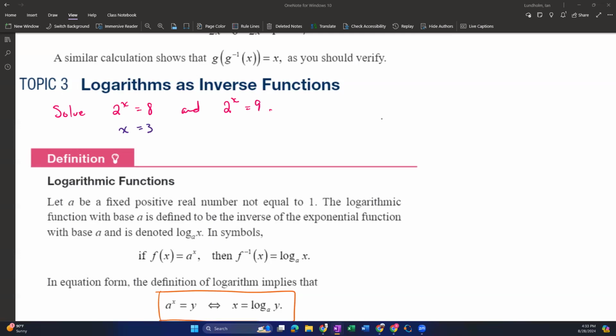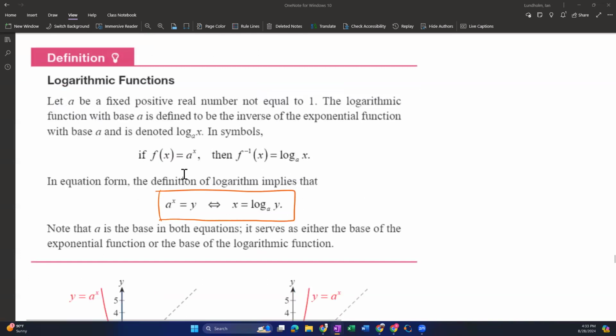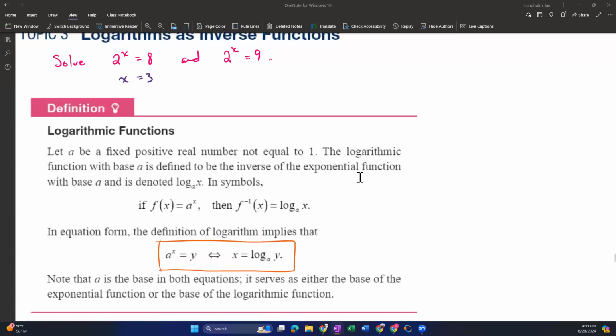What we can do, though, is utilize the fact that exponents are the inverse to logarithmic functions. And so as we exchanged the roles of x and y before, we're going to utilize this relationship to go back and forth between exponential and logarithmic expressions of the same thing. So if we go back up to 2^x equals 9, we could rearrange this into logarithm form.